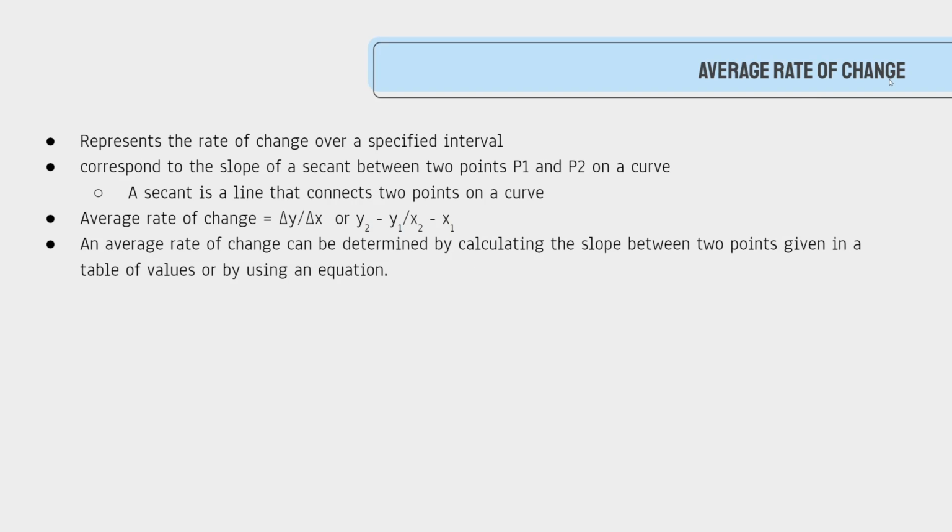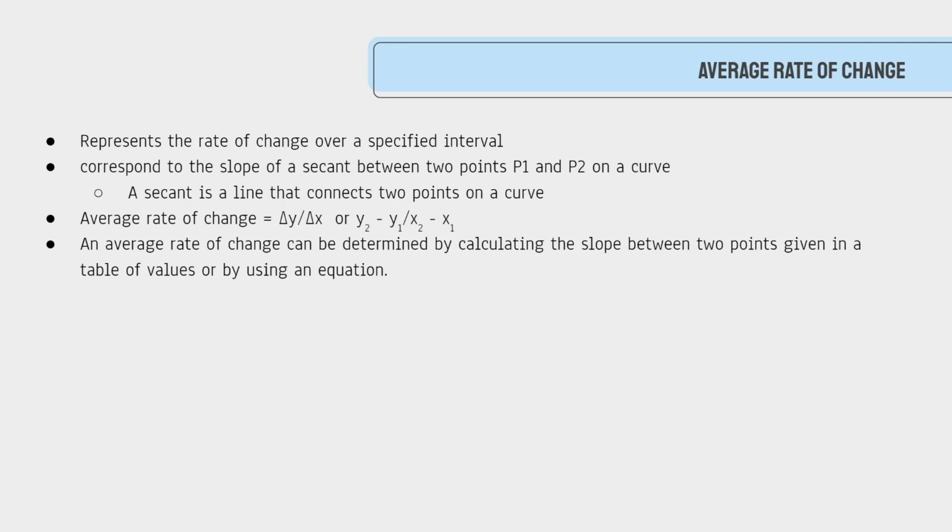So let's first of all do average rate of change. First of all, it represents the rate of change over a specified interval, as stated before, and it corresponds to the slope of a secant between 2 points, P1 and P2 on a curve. A secant is essentially a line that intersects a curve within 2 points.